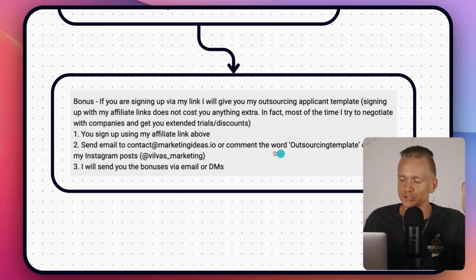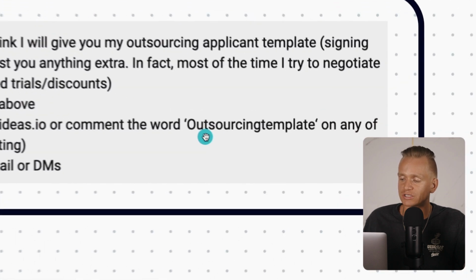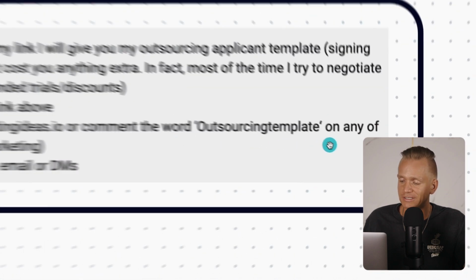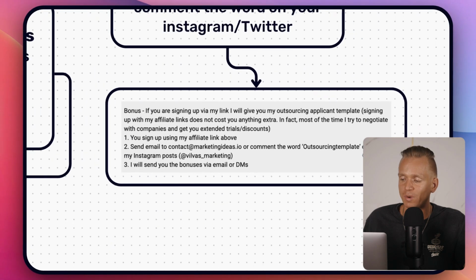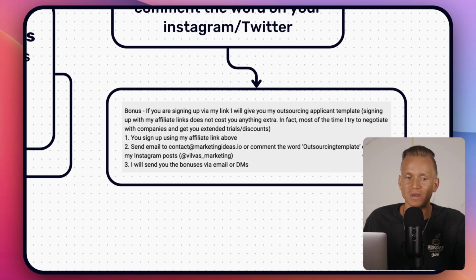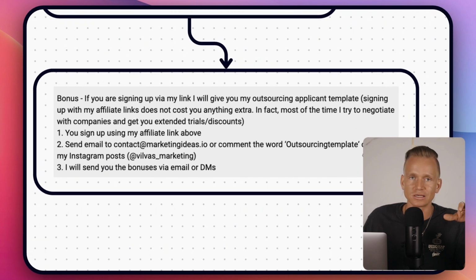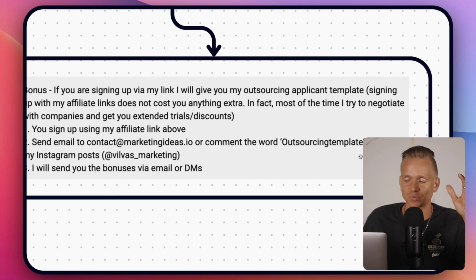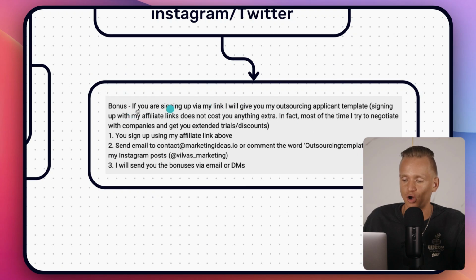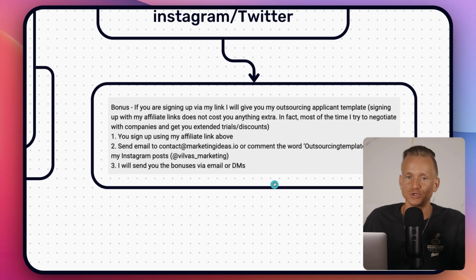You can send me an email, but also, to make it super easy for you, you can just go on my Instagram, and on any of my posts you can put the comment outsourcing template, and then I will give you my outsourcing template. That's going to make it way easier for you to hire people online. I do ask for proof and stuff like that, but this is just a little example of how I get people from one platform to another.